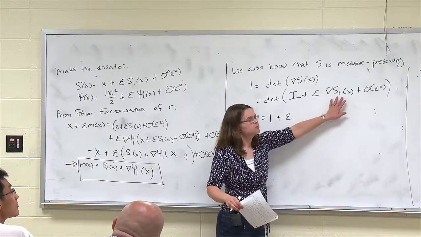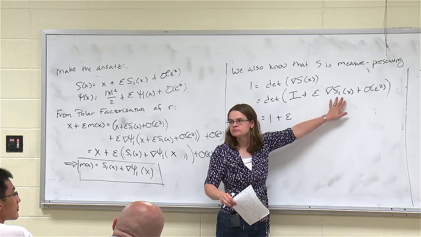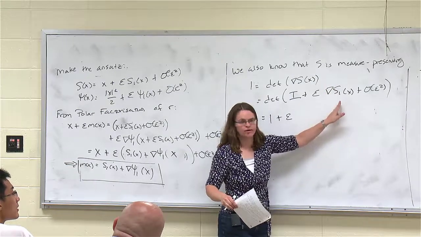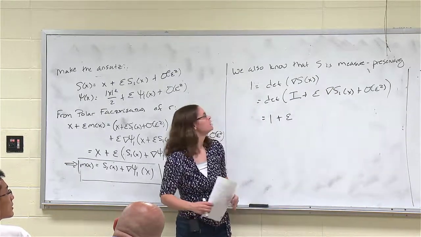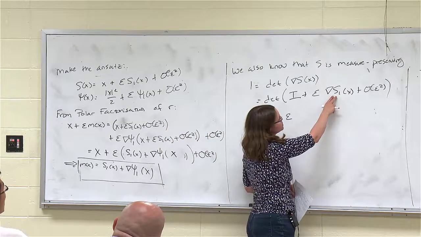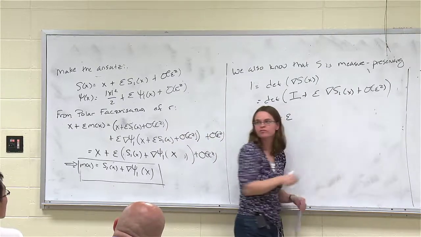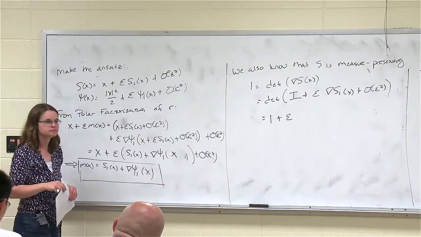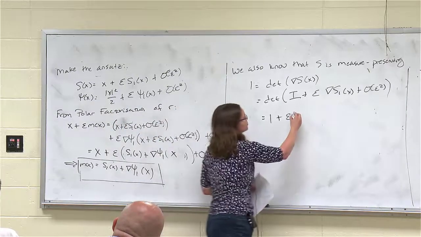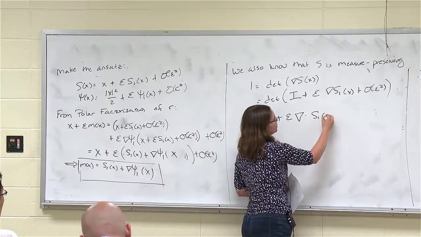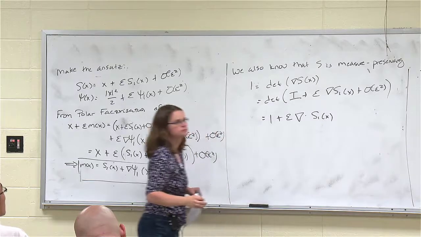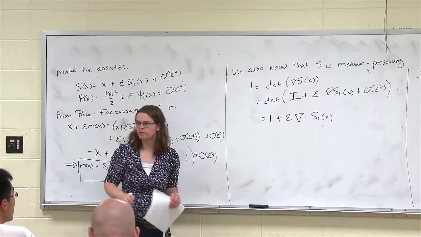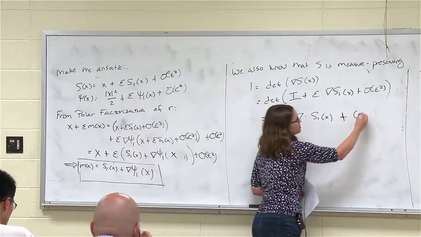We're only allowed to pick out one of these terms when we multiply things out. Otherwise, things jump to order epsilon squared. So what are we going to get? We're going to get precisely the diagonal components of this Jacobian added together. So this is going to be nothing but the divergence of S1, and lots of other things that are messy that we don't have to work out, but they're smaller.